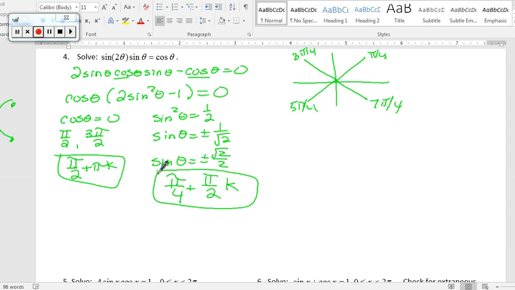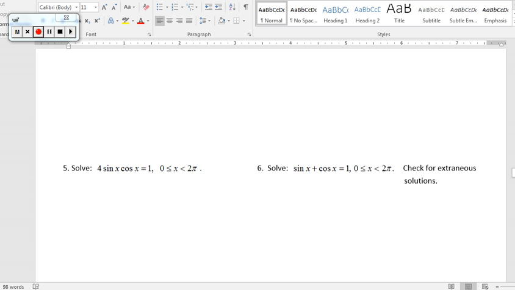This will catch each one. From here I add pi over 2, I wind up here, pi over 2 here, pi over 2, and you just keep going around and around. Okay, so that only works, you only see that one on the pi over 4s. Alright, let's take a look at the last 2 problems we've got.